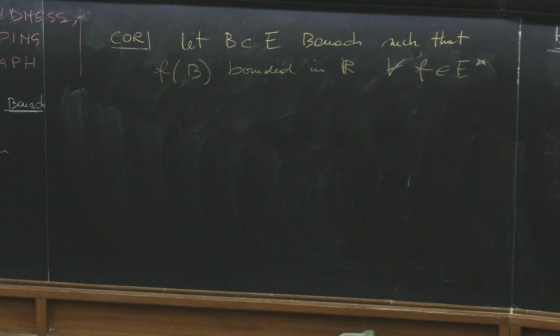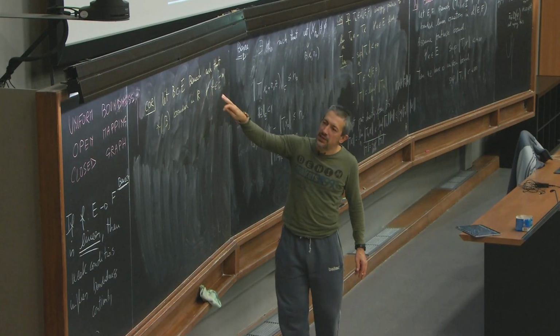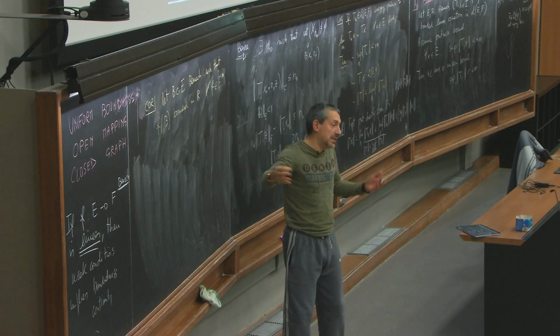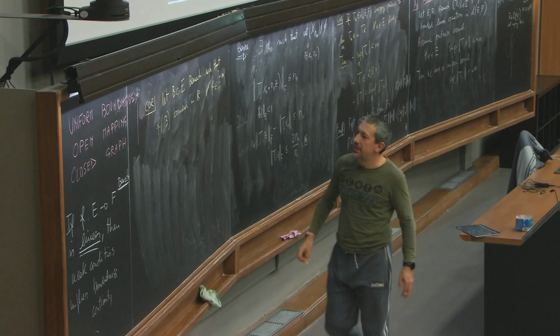So whenever I test with one of my linear functionals, I get a bounded set. Then B is bounded.